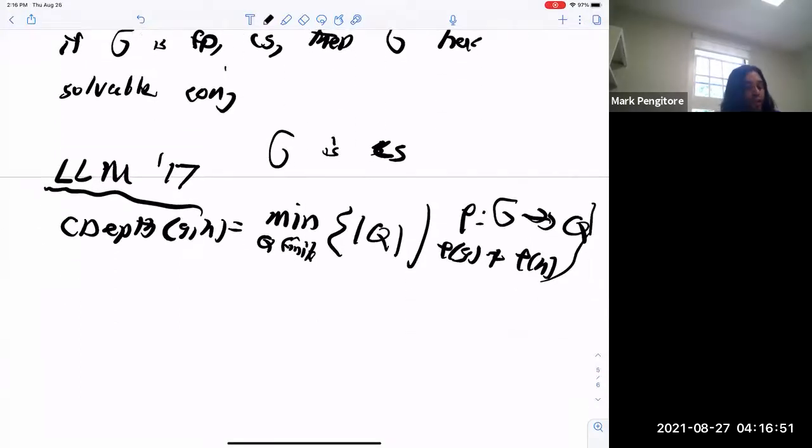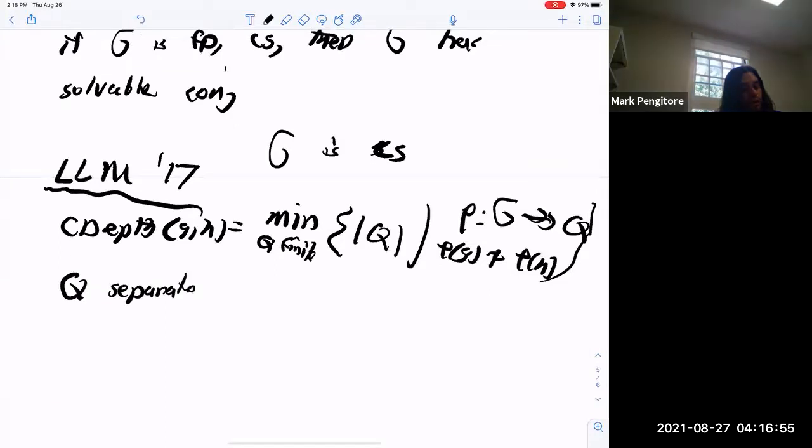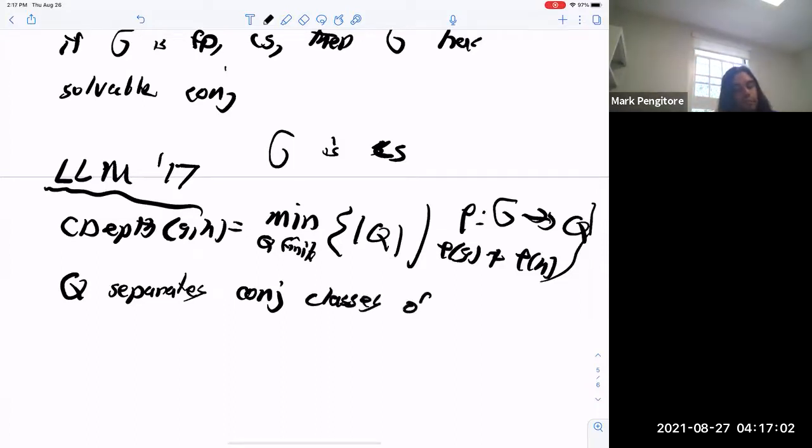Here what we say is that Q separates the conjugacy classes of G and H.